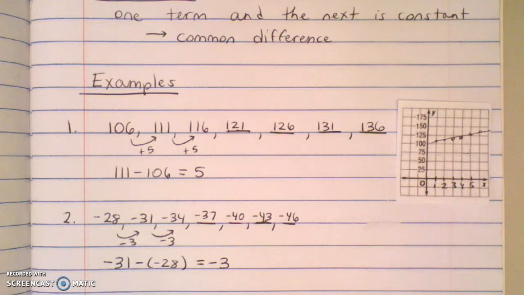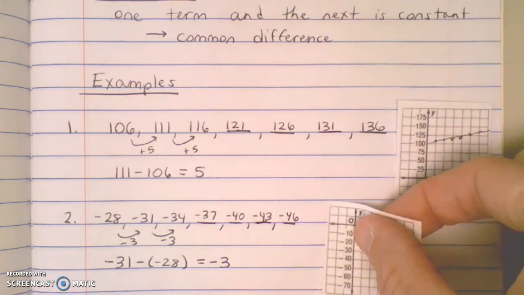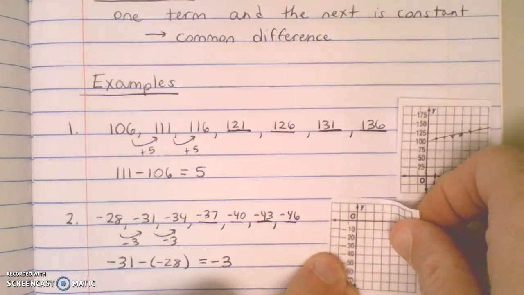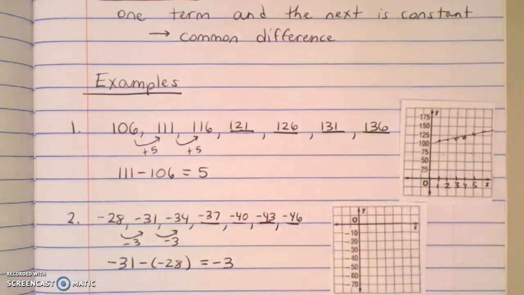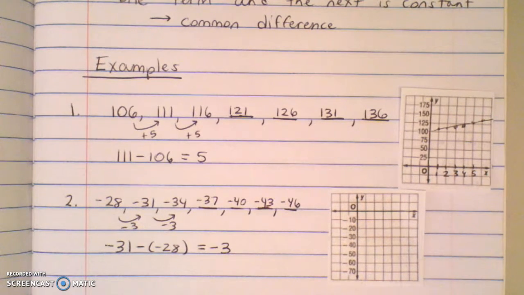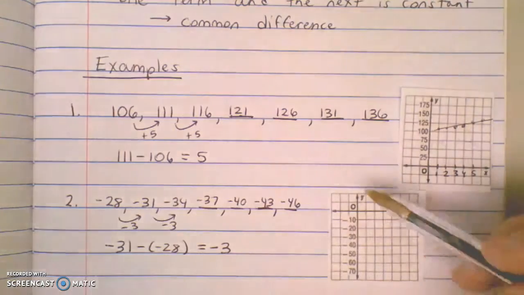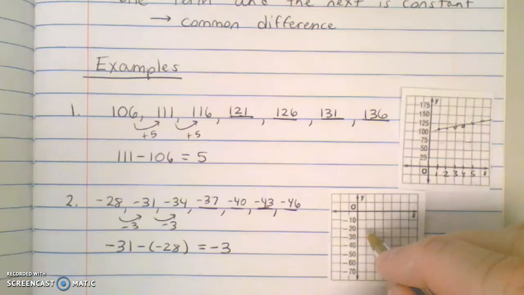All right, so you want to use your next graph and make sure you got the right one. It should be the second one in your pile. And then same idea, we'll graph these numbers. So my first term is at negative 28.